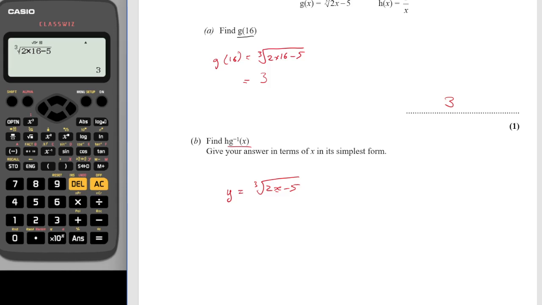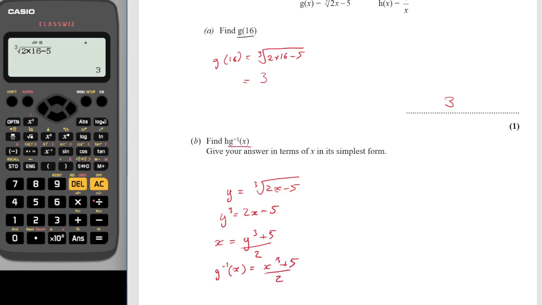It does make sense, but I think this is an easier way to do it. So 2x minus 5, add 5 on both sides, and then divide by 2. So that gives us x is equal to y cubed plus 5 over 2. So that means that g to the minus 1 of x is equal to x cubed plus 5 over 2.